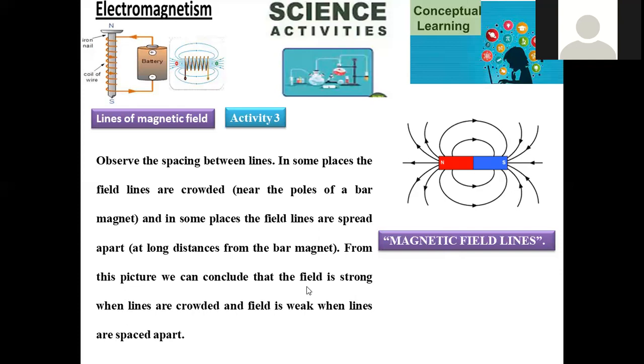From this picture, we can conclude that the field is strong where the lines are crowded. That is obvious. In the case of electricity also, whenever electron density is more, potential will be higher. In a similar manner, for this magnet, wherever the density of field lines is more, the field strength is also more.